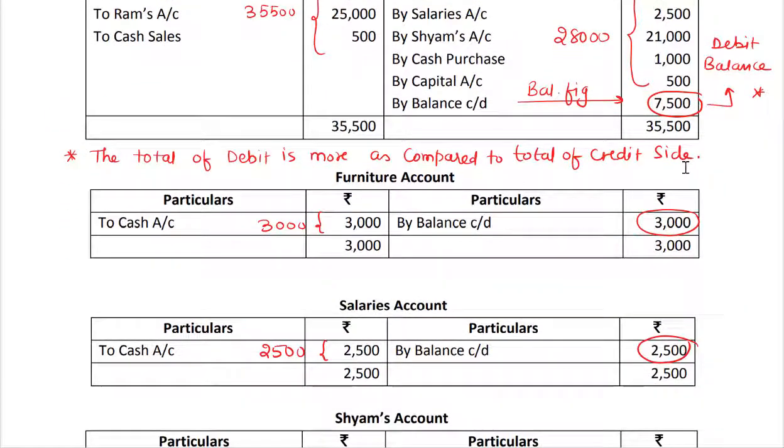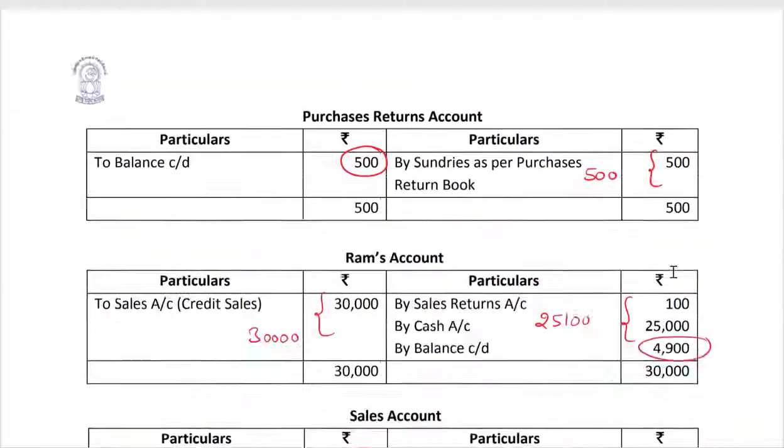Furniture account. The balance is on the credit side. That means what? This is also a debit balance. Salaries account. This is also a debit balance. So furniture account 3,000, salaries account 2,500.